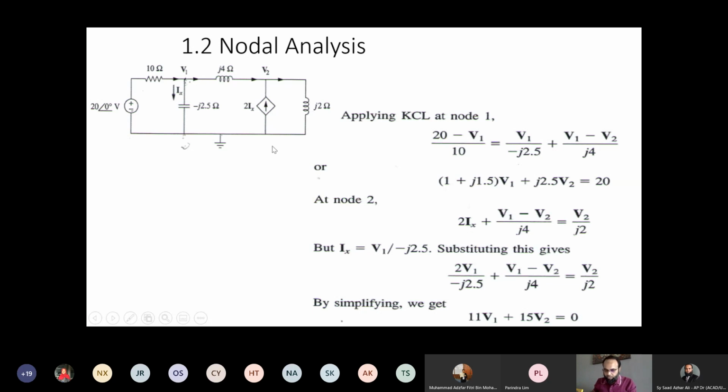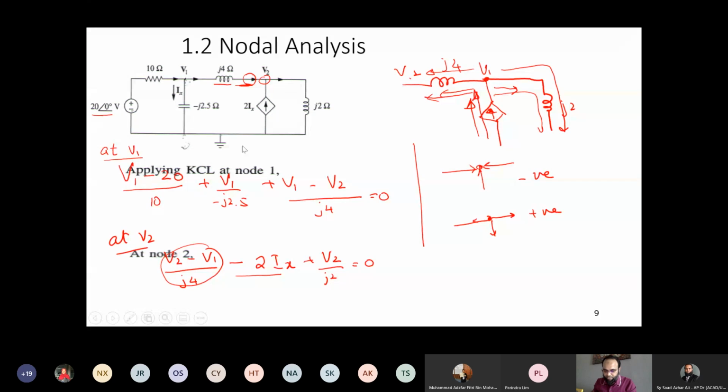If you go back, you can see there is Ix in this particular equation. One thing that I missed was Ix. Ix is coming from this branch, so Ix is equal to V1 upon minus J2.5.